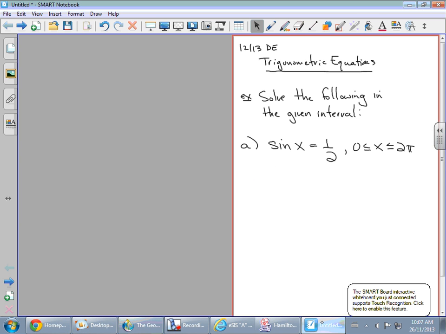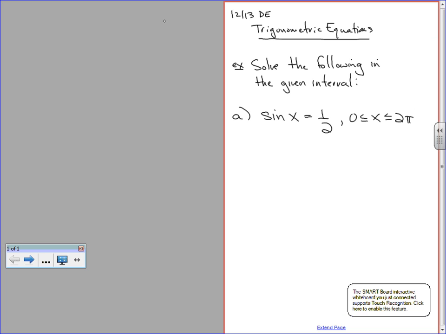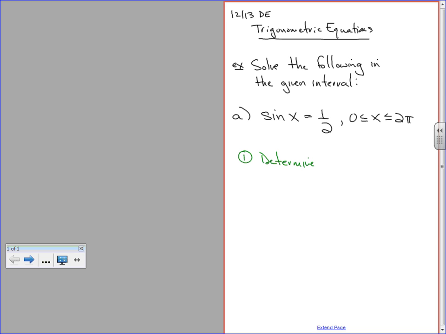In order to solve that, we are going to follow the following process. Step 1, determine whether the ratio is positive or negative. That's pretty easy. You just look at it to see if it's positive or negative.